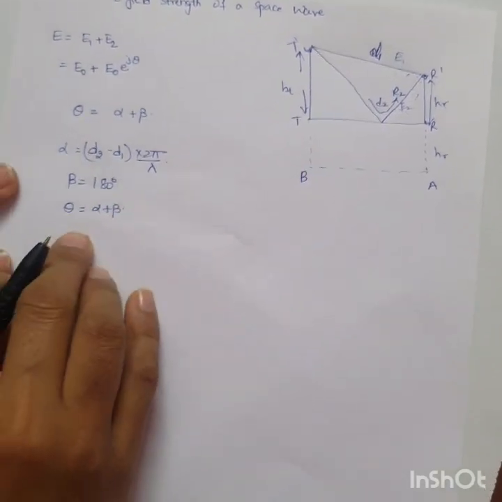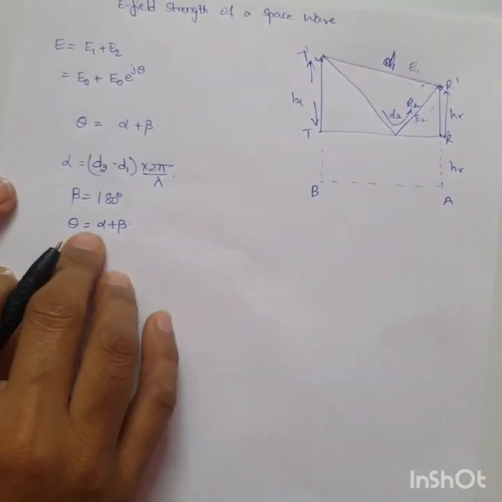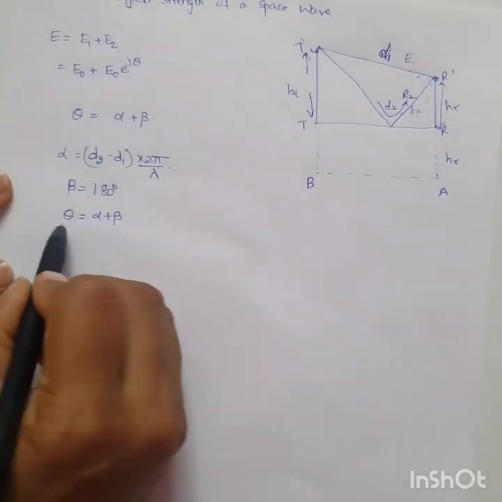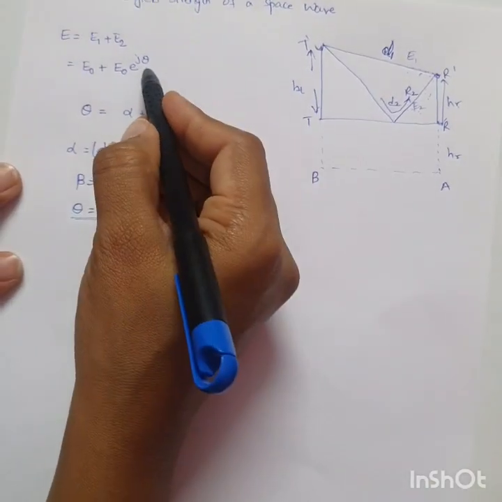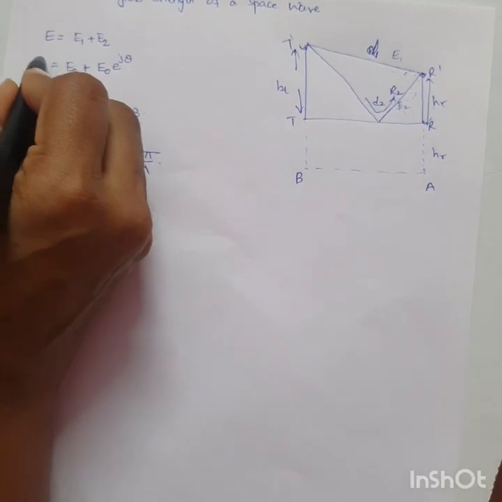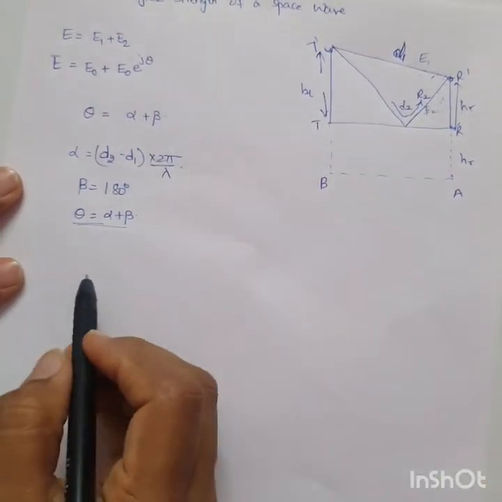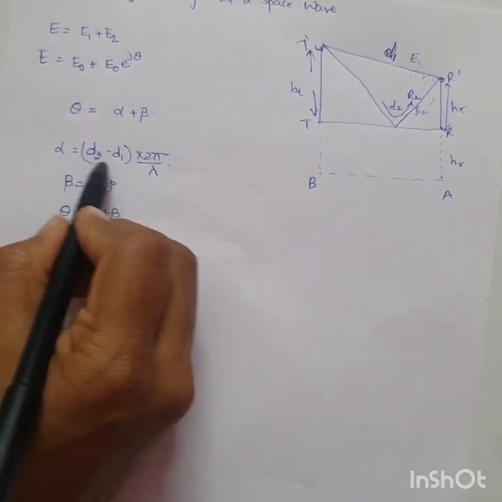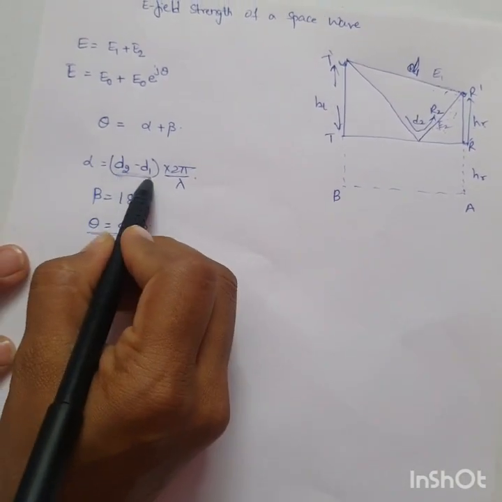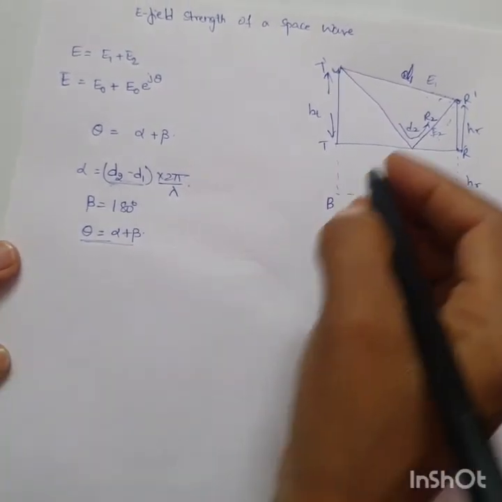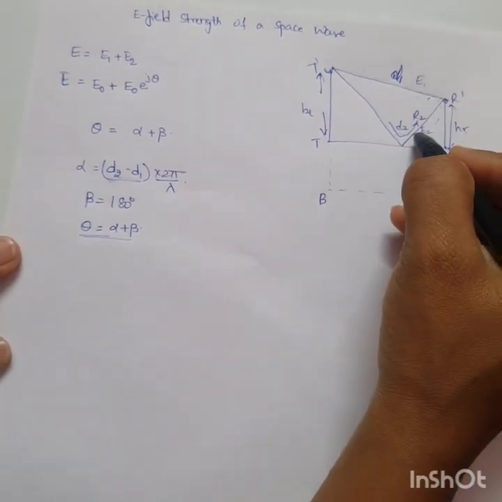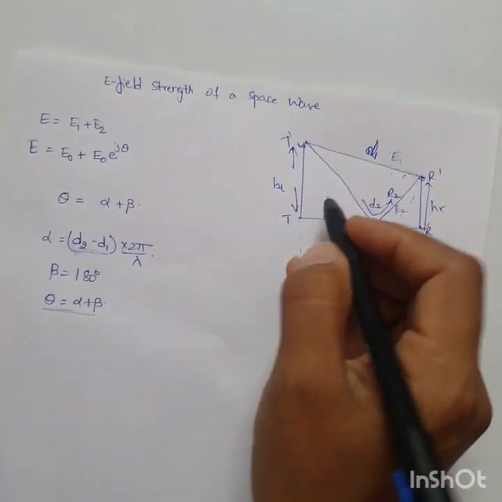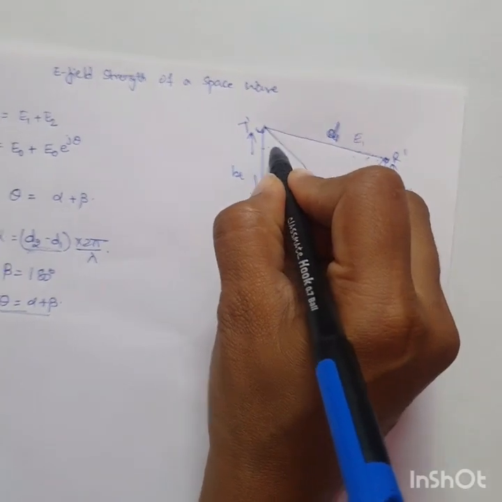Now our aim is to find this total phase difference, so that we can substitute it here and get the final value of the electric field strength at the receiver. In order to find that, we need to know the actual values of the path difference, D2 and D1. To get D1 and D2, let us construct small triangles.